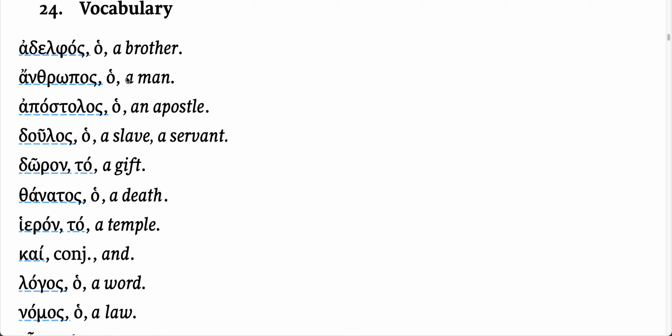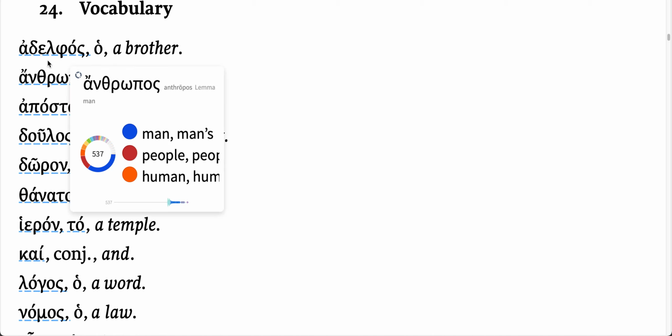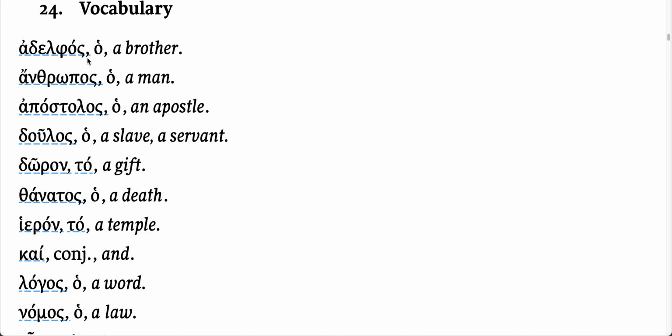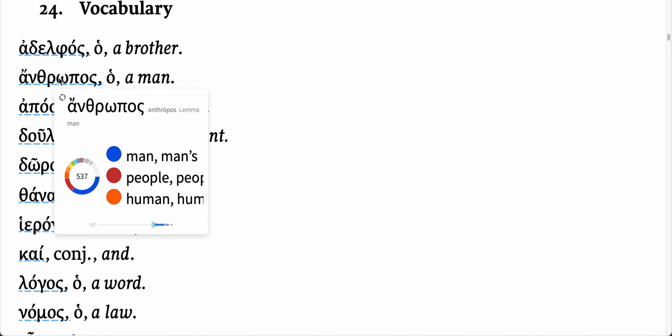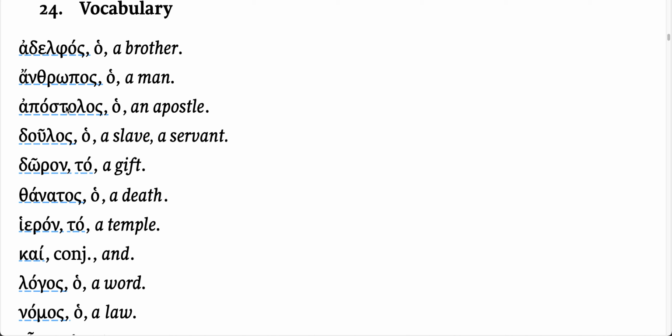Notice the first four of these. They're in this format. Here's the word, there's the article. Here's the word, there's the article. Here's the noun, there's the article. So this one is masculine, masculine, masculine, masculine.